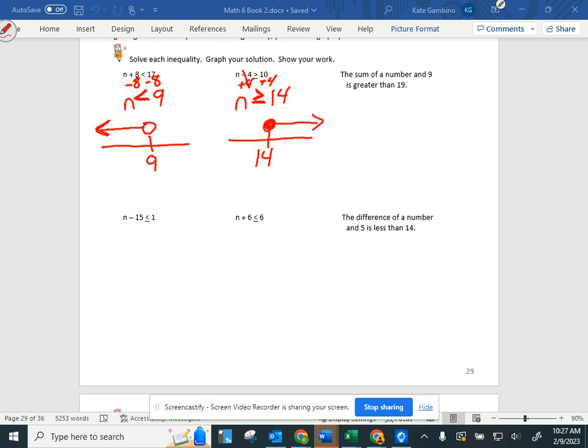So again, my greater than sign points to the right, my arrow points to the right. But we can only do this trick of our greater than and our arrow matching up when our n is on the left side. So for Math 6, it's almost always on that left side. But when you get into pre-algebra and into algebra, then they start putting the variable on the other side and you really have to think it through.